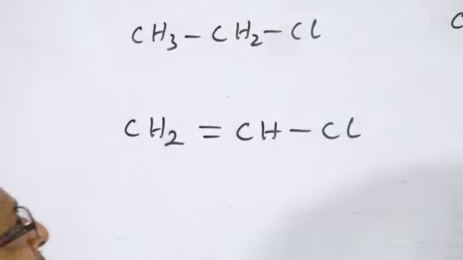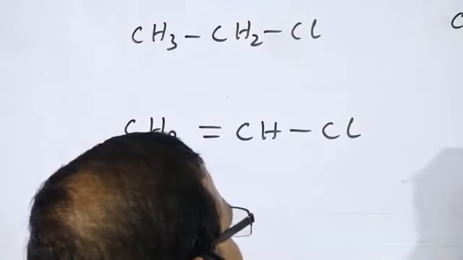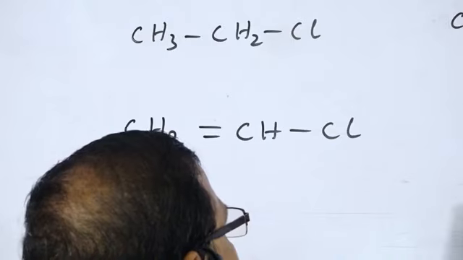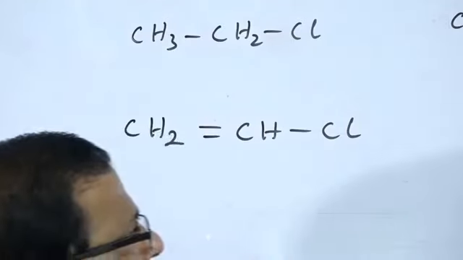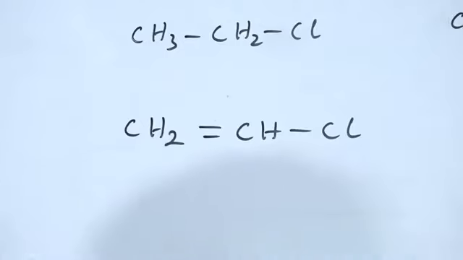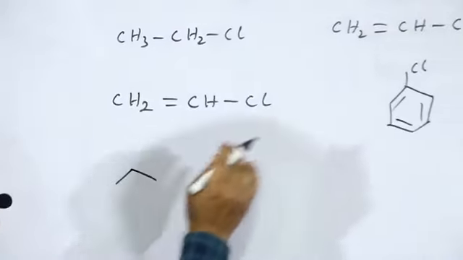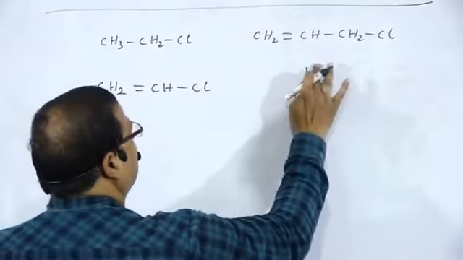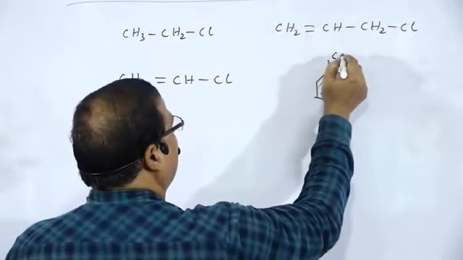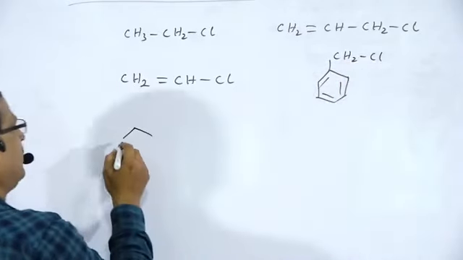Next one, benzyl: a benzene ring that contains chlorine, chlorobenzene. Or you can take benzyl halide, the benzene ring, chlorobenzene, which we have cited. Or if you convert this compound to benzyl, that is CH2Cl, benzyl chloride.